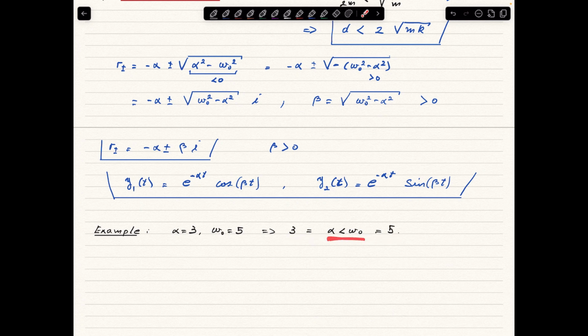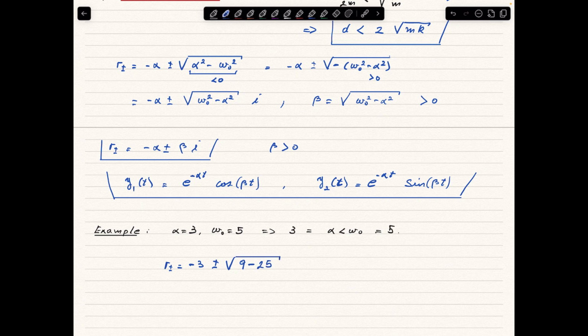So we satisfy that condition. But now let's plug all these numbers and see how this works out. So we have r plus minus is going to be now minus 3 plus minus the square root of alpha squared, which is 9, minus omega squared, which is 25.